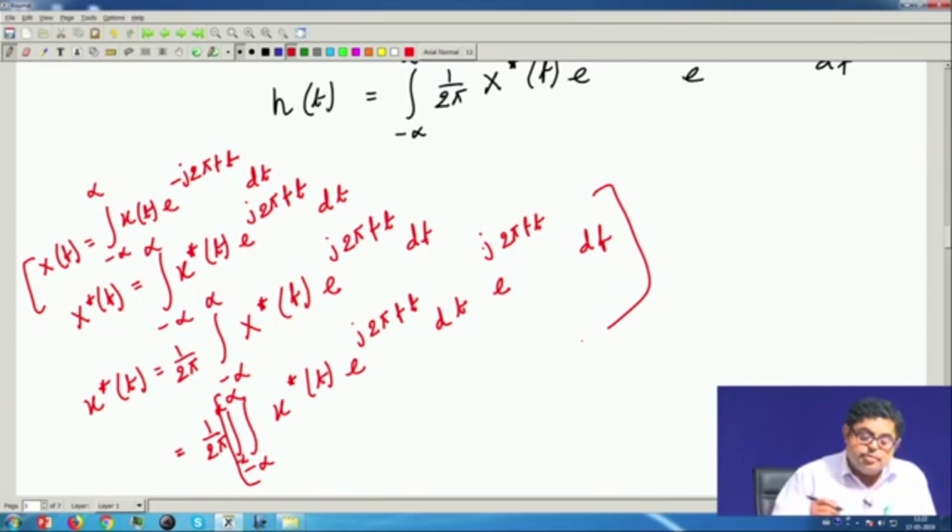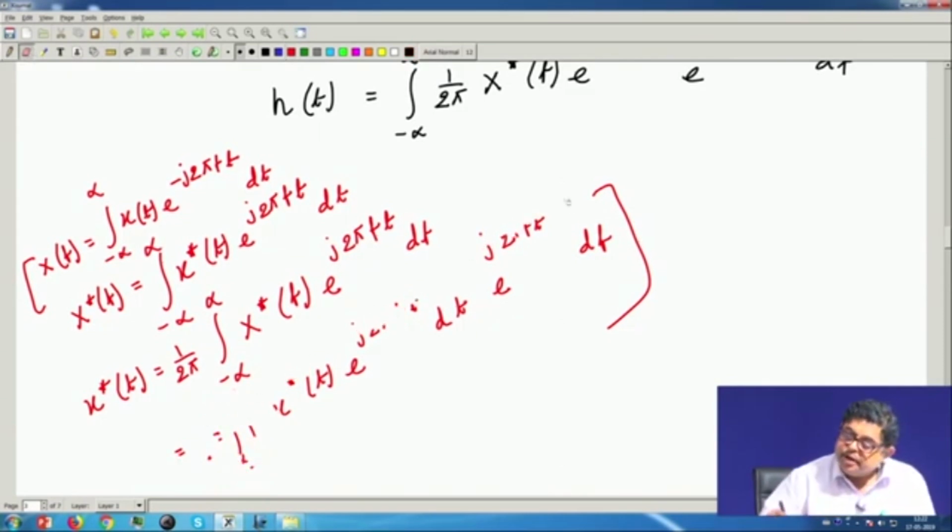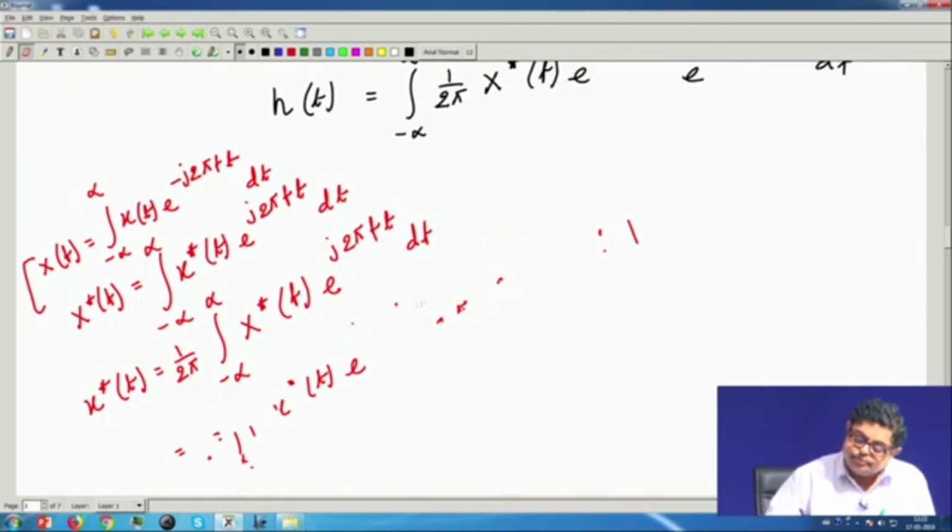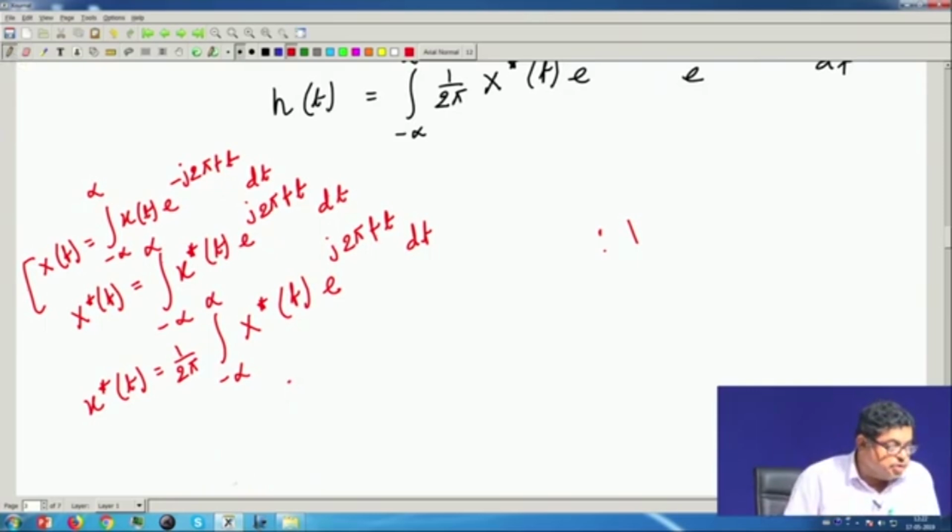Or without going there, let me make another shortcut, because it already came to our notice. So, x star(t) I have written like this, and what is x star(t minus t naught)?